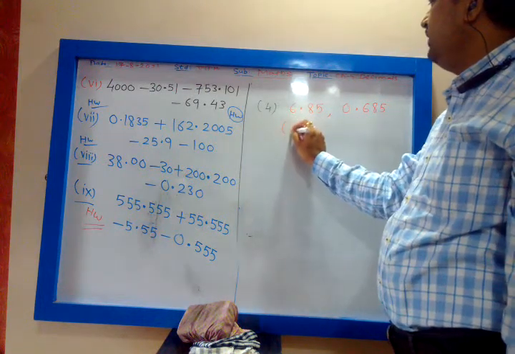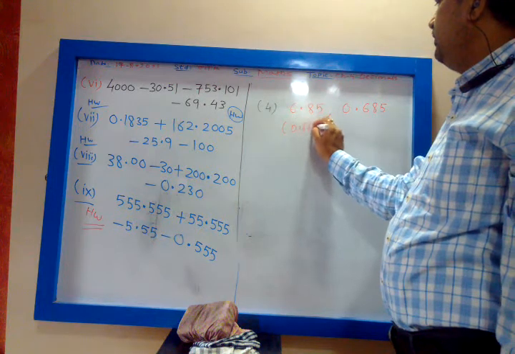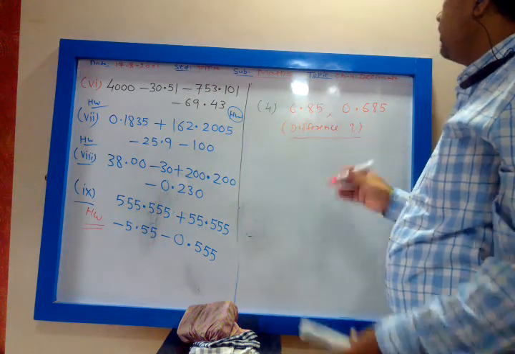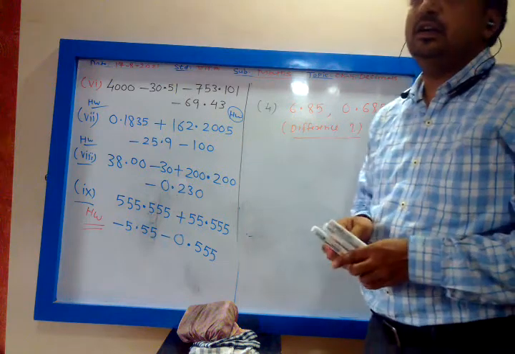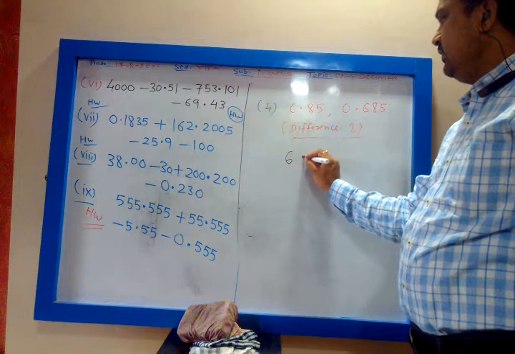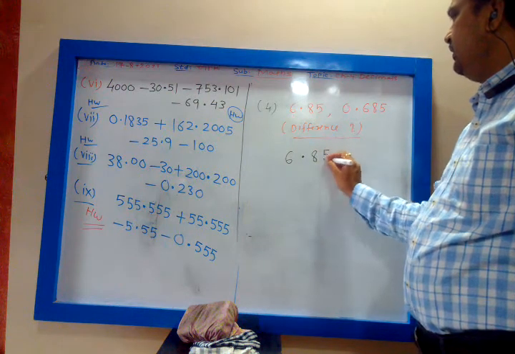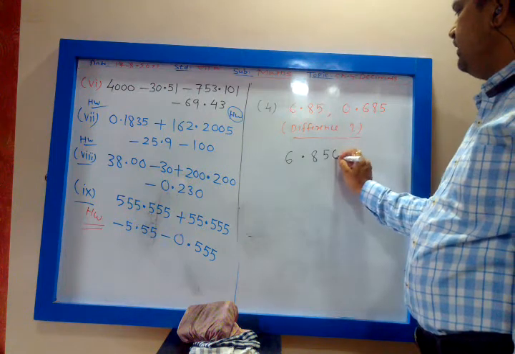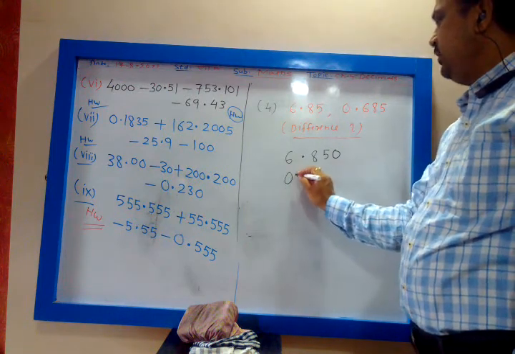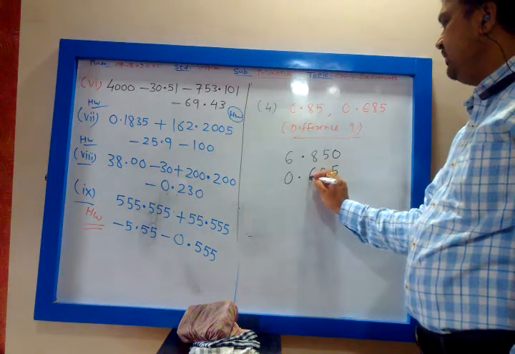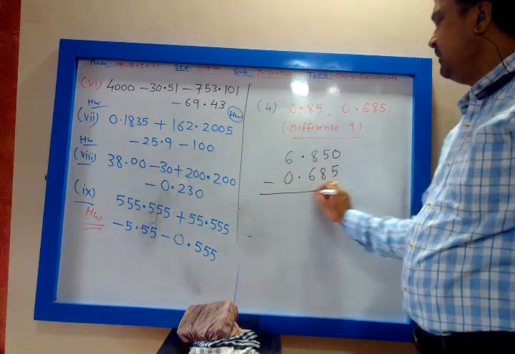Which number is bigger? 6.85, so I will write that first. They are not like decimals, so we write 0.685 and first convert them into like decimals. Now difference means minus.